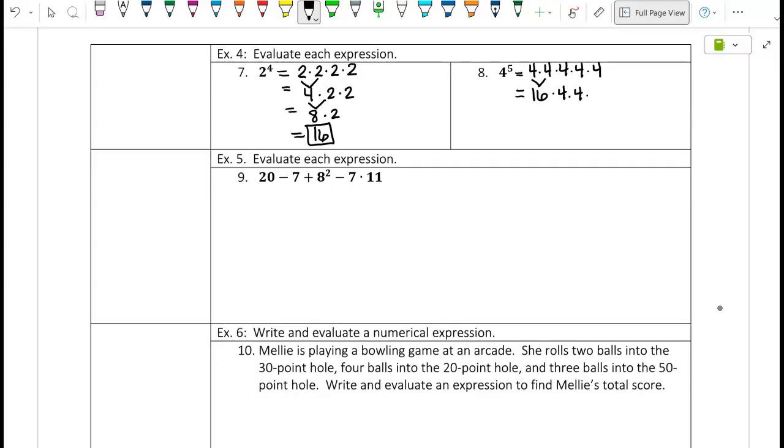And then I still have 3 more 4s. And then I take 16 times 4, which gives me 64, with 2 more 4s. 64 times 4 is 256. And I still need to multiply that times 4 to get 1024.